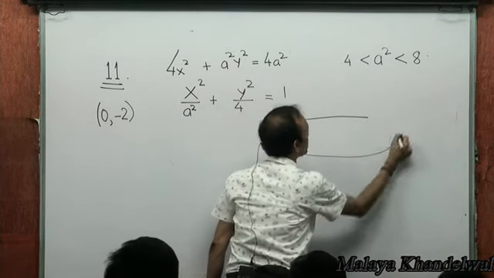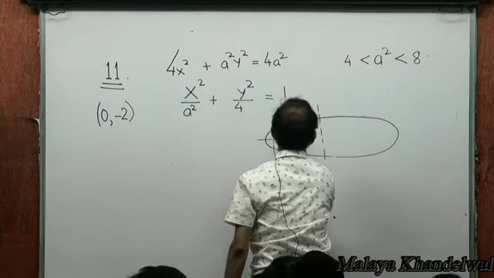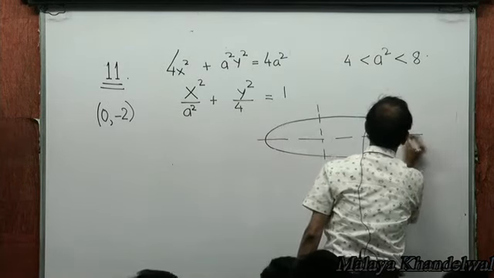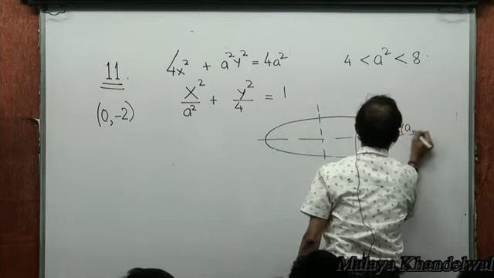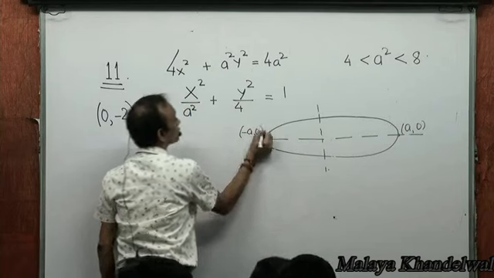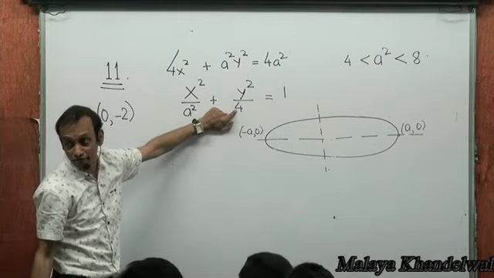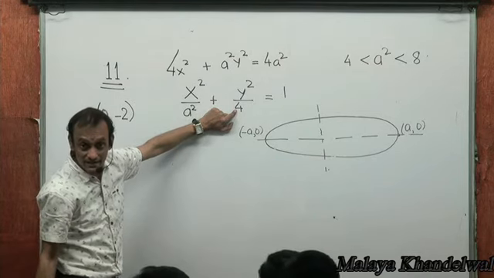So here's my ellipse. (a, 0), (-a, 0). (0, 2) and (0, -2) are the ends of the minor axis, right?